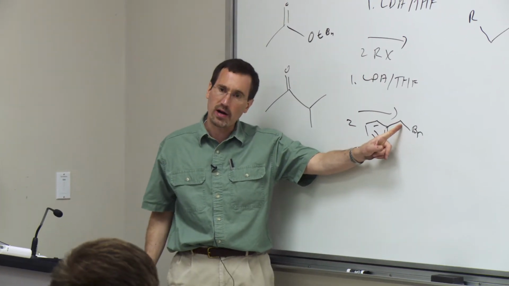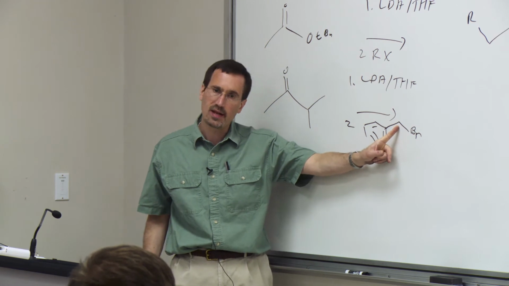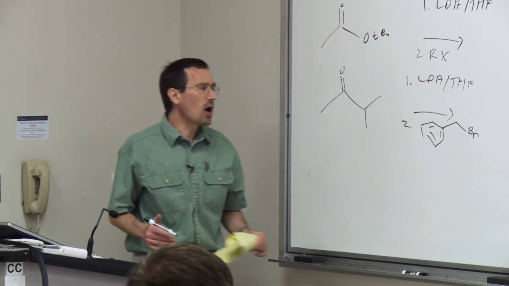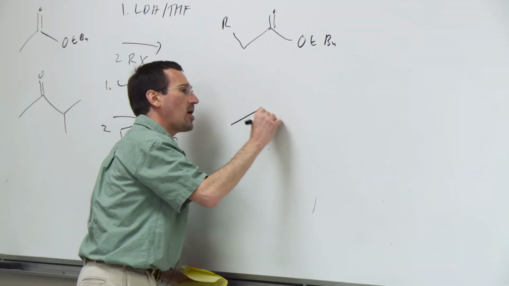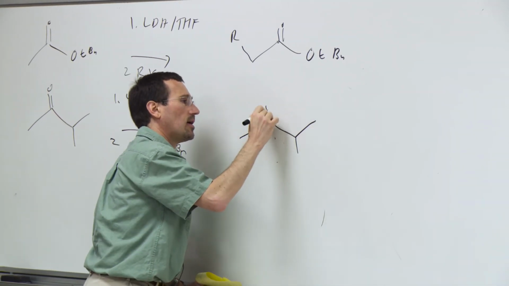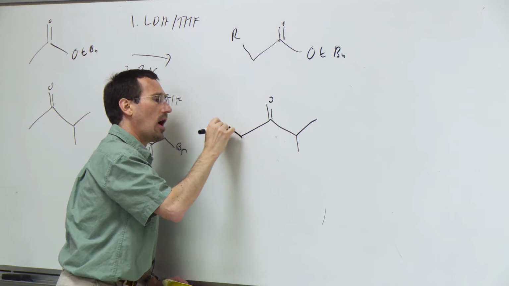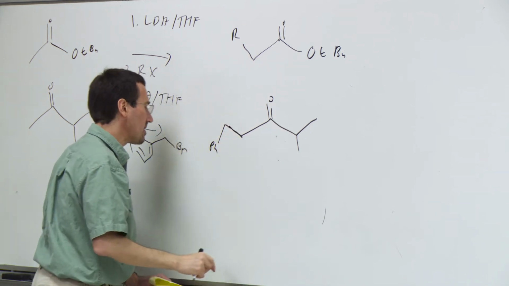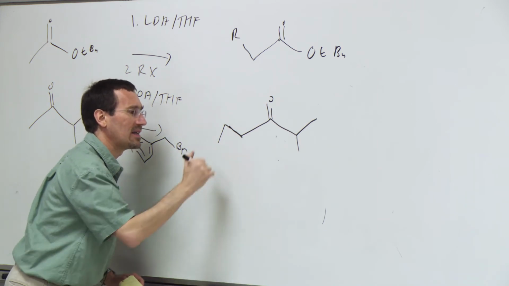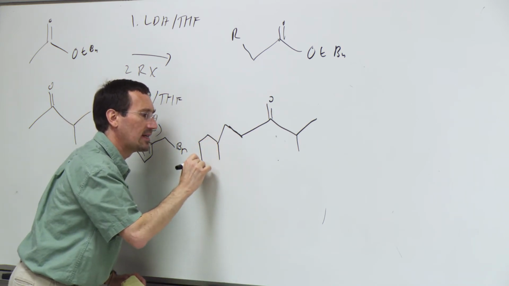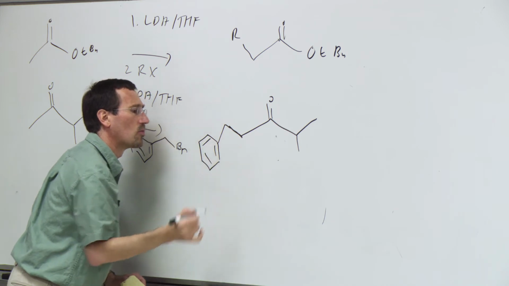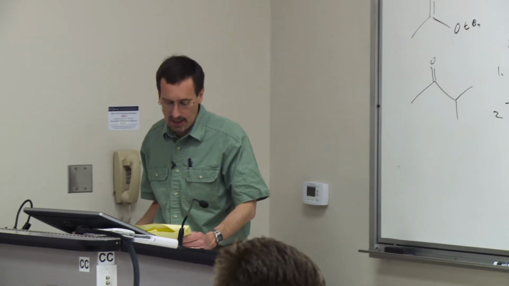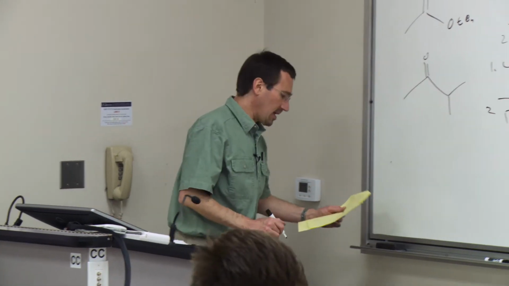It's primary, and it's benzylic, and benzylic is particularly good at reaction. So what we get as the main product of this reaction is alkylation on the methyl group. I will write out the benzyl group as a benzene ring just so you can see it. So what's happening here?